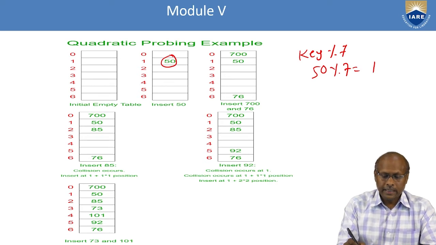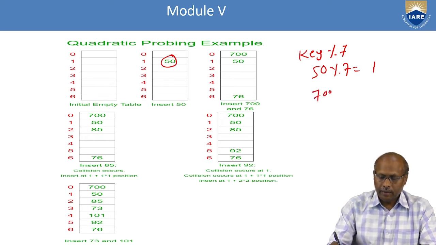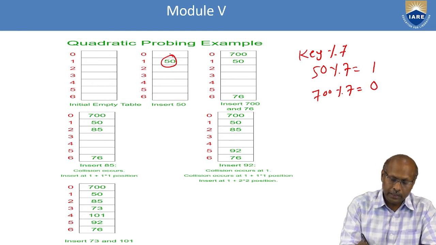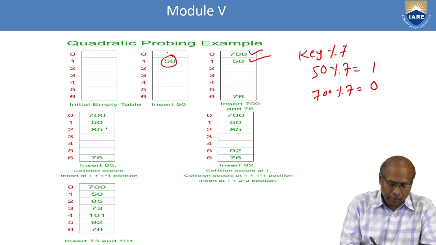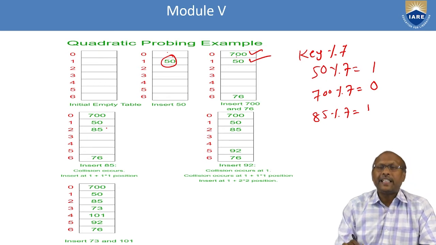No problem. Next 700. 700 modulus 7. How much? 0. So directly 0th place. 0th place is empty. So directly store here. No problem. Next is 85. Whenever you want to store 85, 85 modulus 7 is 1. But in 1st place already data is there.